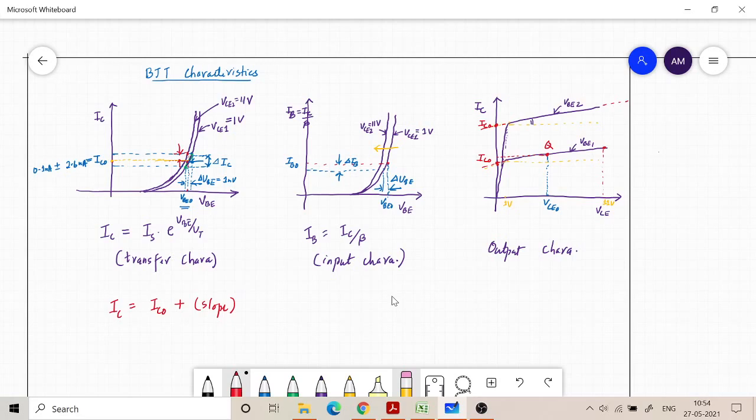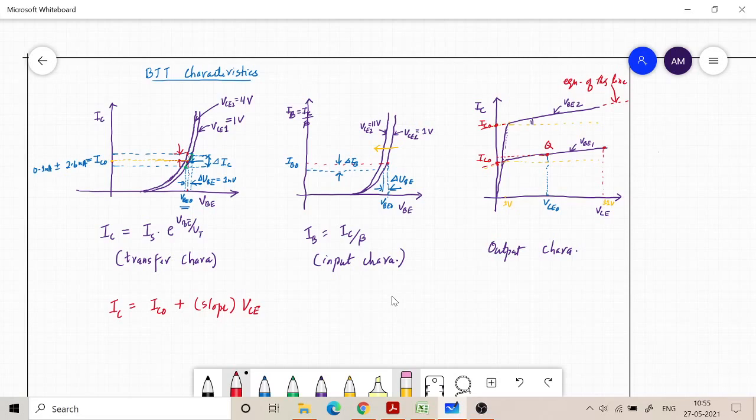Okay, VCE is the independent axis, so I can write IC0 plus the slope of this line. I am looking at this particular line and writing the equation of this line. This is what I am trying to achieve.